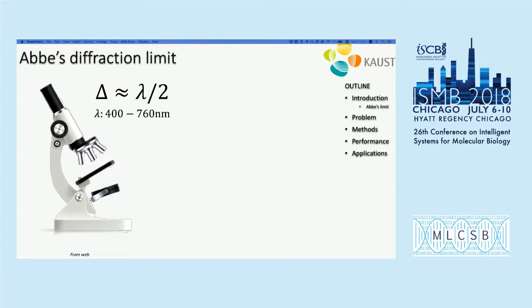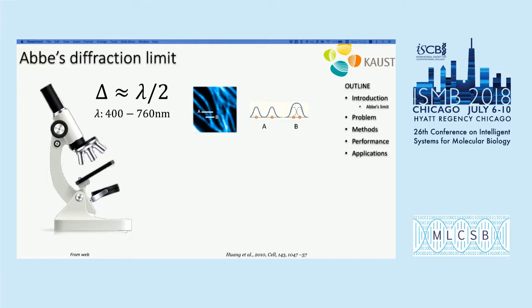That is, if the distance between two elements of the structure is smaller than this limit, the optical microscope is unable to distinguish or resolve them. For example, here we show a picture of a part of the microtubule. We use A line to point out 2 points on the microtubule, which are the 2 cross-sections of A line with the microtubule. We also use B line to point out another 2 points on the microtubule.